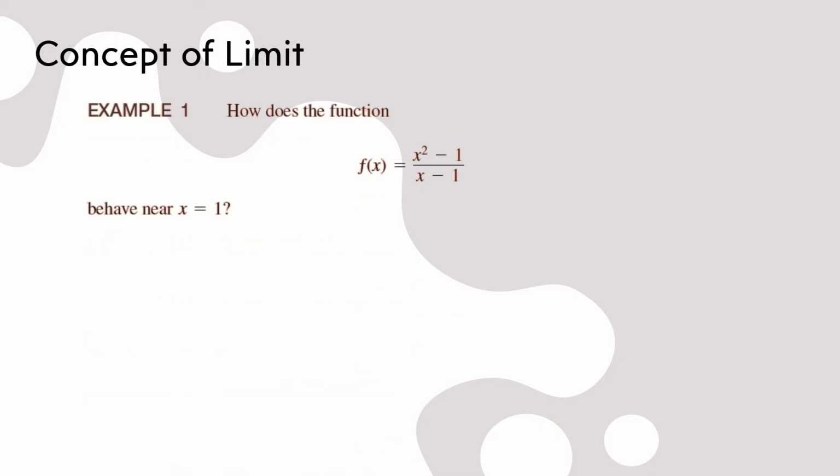Okay, so let's suppose we are given a function f of x is equal to x square minus 1 divided by x minus 1. And if we want to find the value of this function at x equal to 1, so obviously you would see f of 1, which is equal to 1 minus 1 divided by 1 minus 1, and that basically makes a form 0 by 0, and this 0 by 0 form is known as indeterminate form.